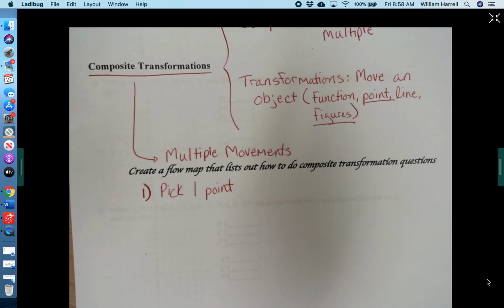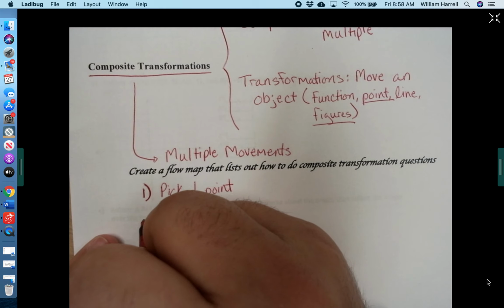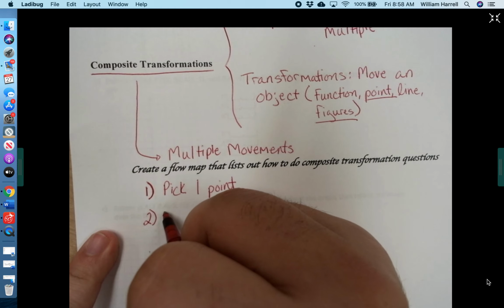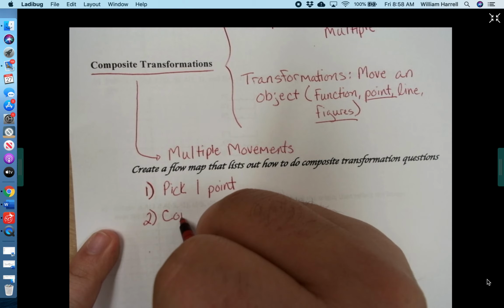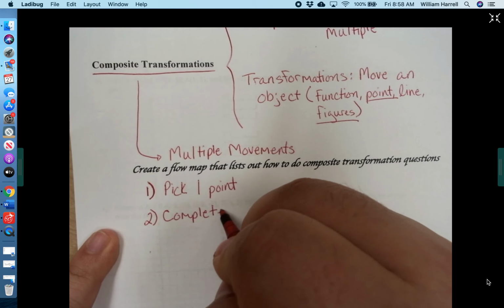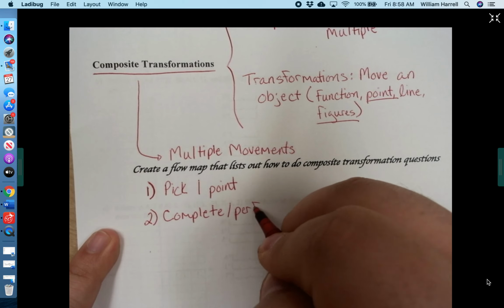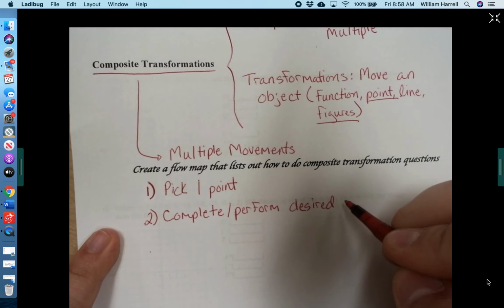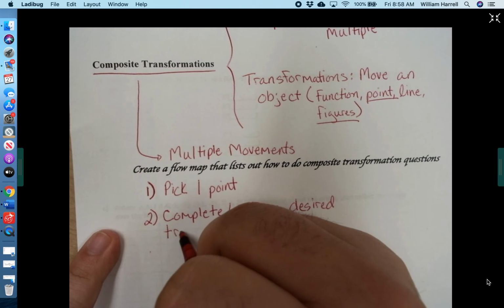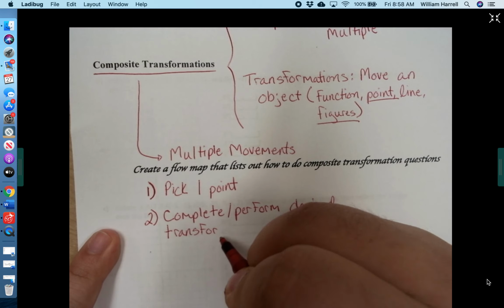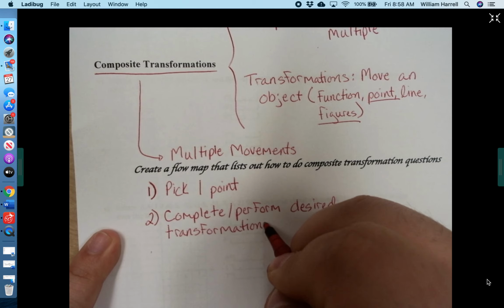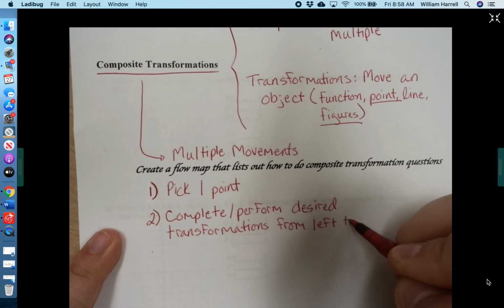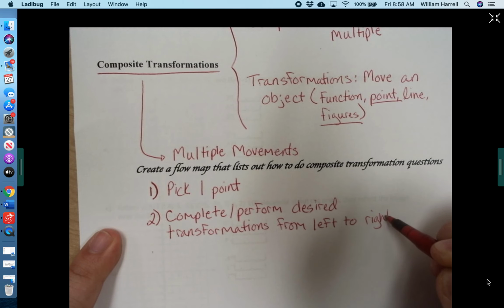Okay, so after you pick your first point, the second thing you're going to do is start transforming it. I would say complete or perform desired transformations from left to right.